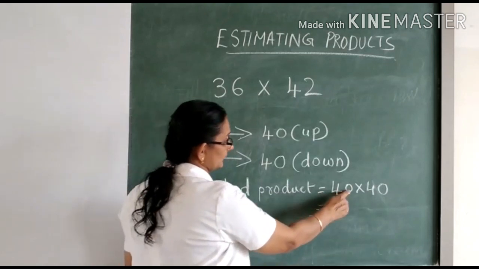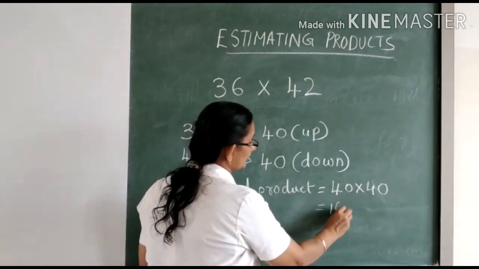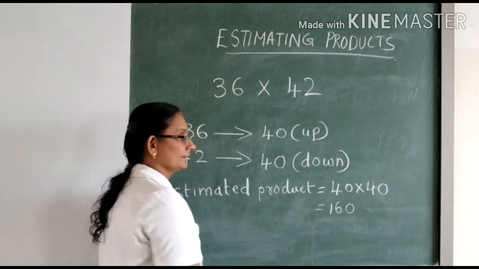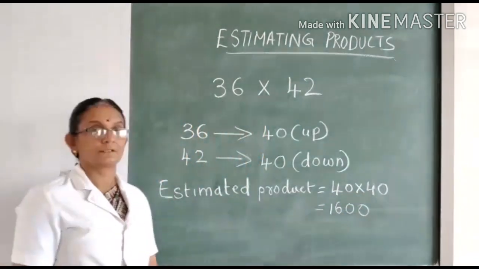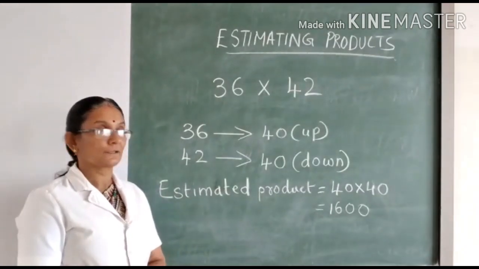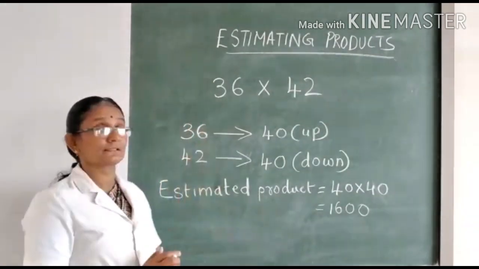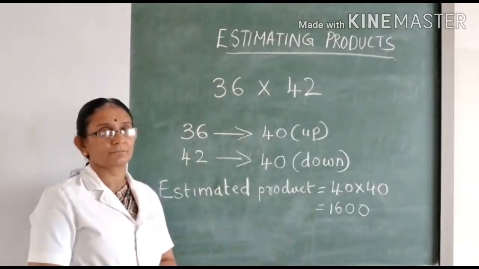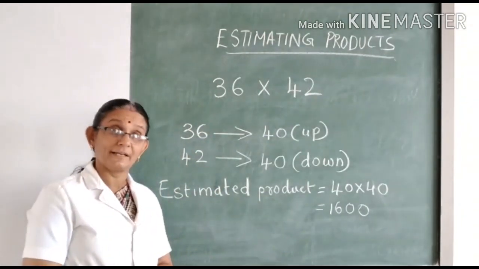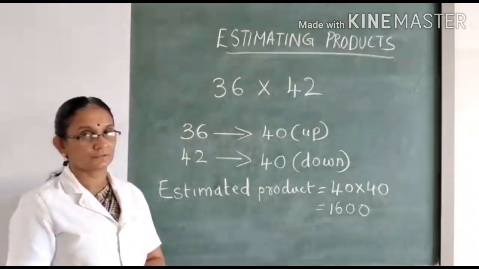So multiply 40 into 4. That is equal to 160. And put a 0 to the right and you get the answer as 1600. So the estimated product of 36 and 42 is 1600. Now let us compare this to the actual product.